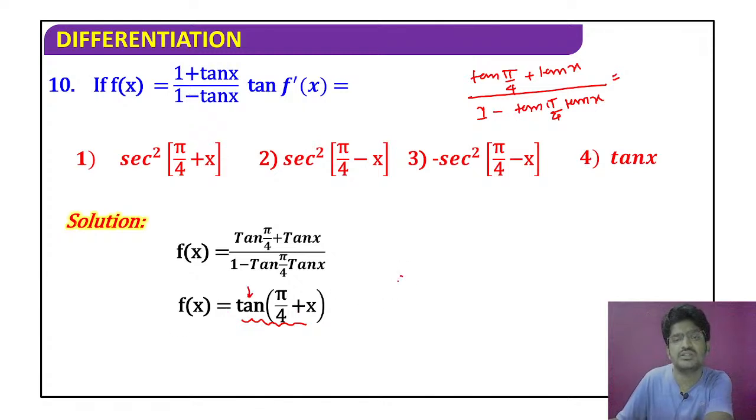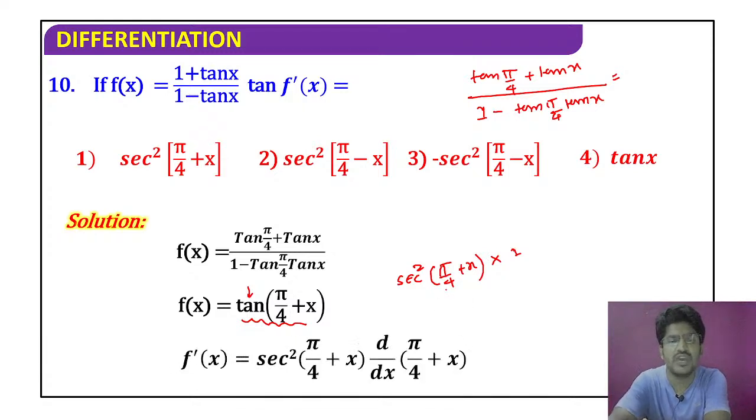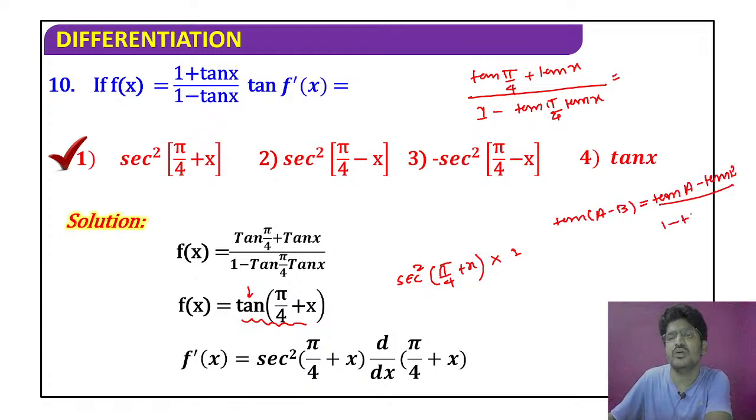Differentiation of tan is what? Secant squared of pi by 4 plus x. So differentiation of pi by 4 plus x will be what? 1. Therefore, secant square of pi by 4 plus x will be our answer. This is nothing but using the formula of tan of a plus b. What is tan of a plus b?